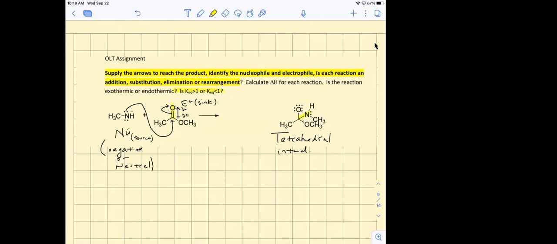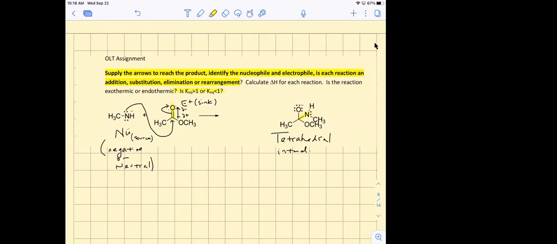Elimination. Okay, so look at the product. What's always the outcome of an elimination? You make a pi bond, right? So what's the reverse of making a pi bond? Breaking one. Addition.